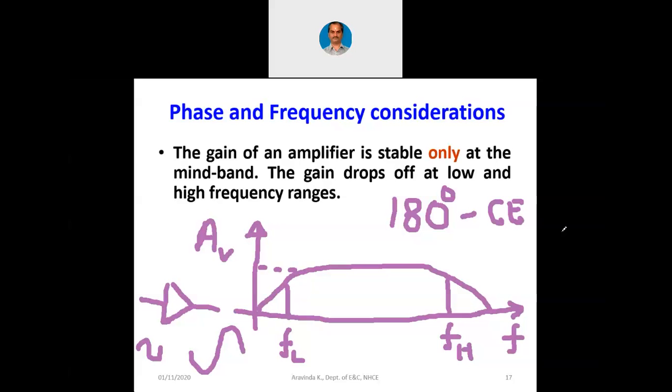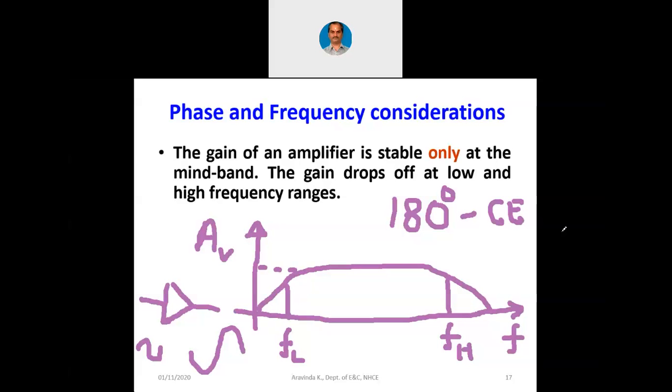Now, if you recall all those phase responses which you studied in network analysis, you will understand that even the phase will not remain the same throughout the frequency band of consideration. Even though we generally say that 180 degrees is the phase shift between output and input in a common emitter amplifier, that is an ideal case, in the mid band.